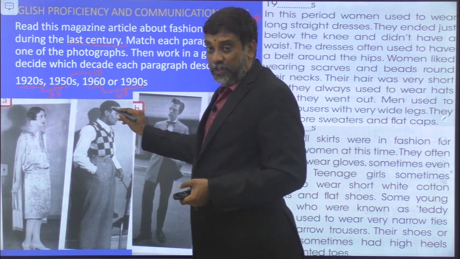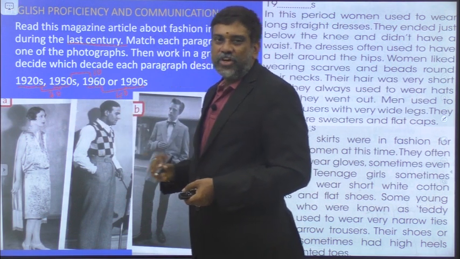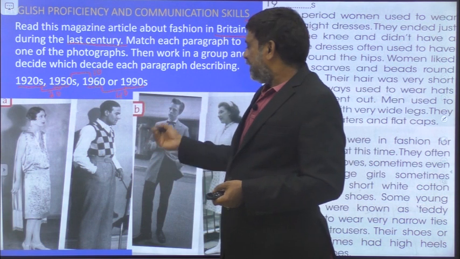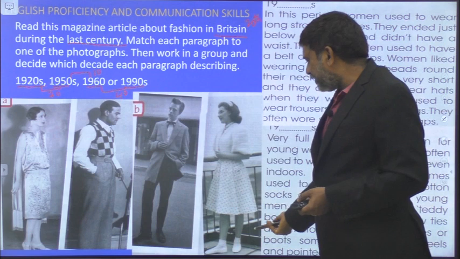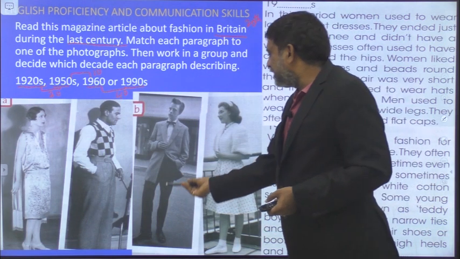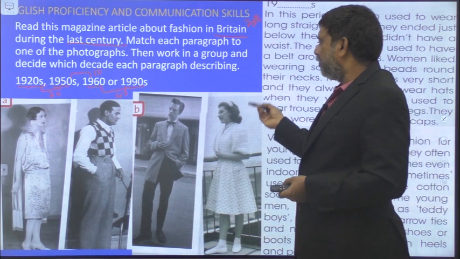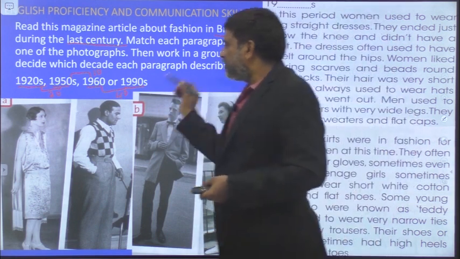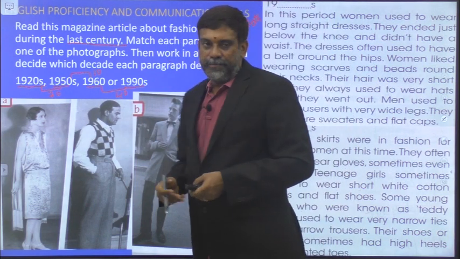His hair was also short. That means maybe in this decade short hair might be the fashion. But here you could see the woman was wearing socks and this man is in complete full dress. We'll see what the description is and which of these two paragraphs map to either A or B.